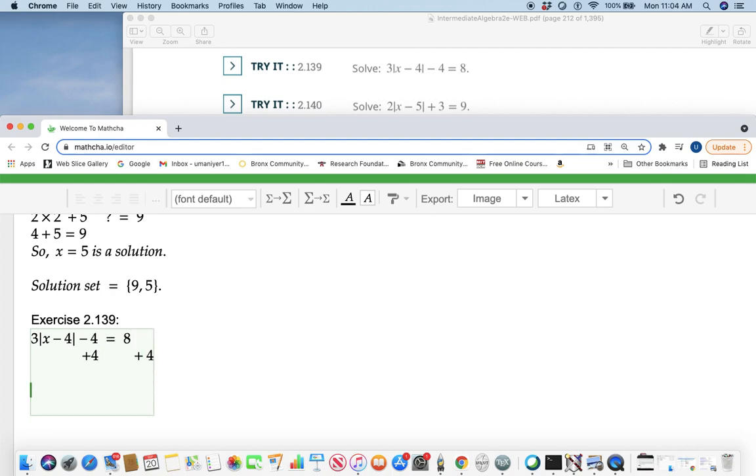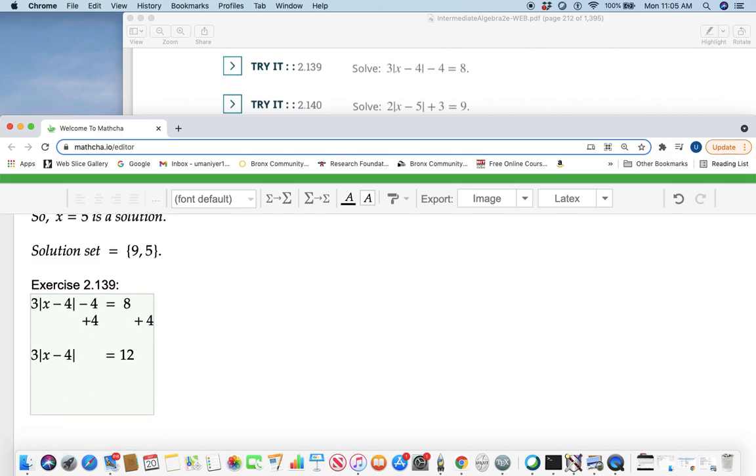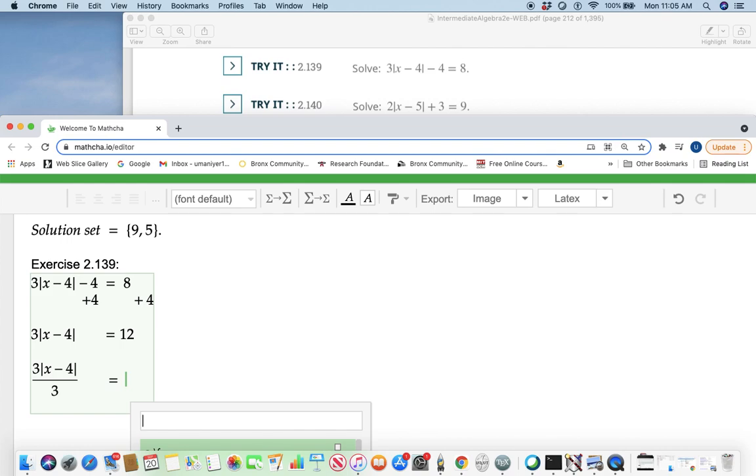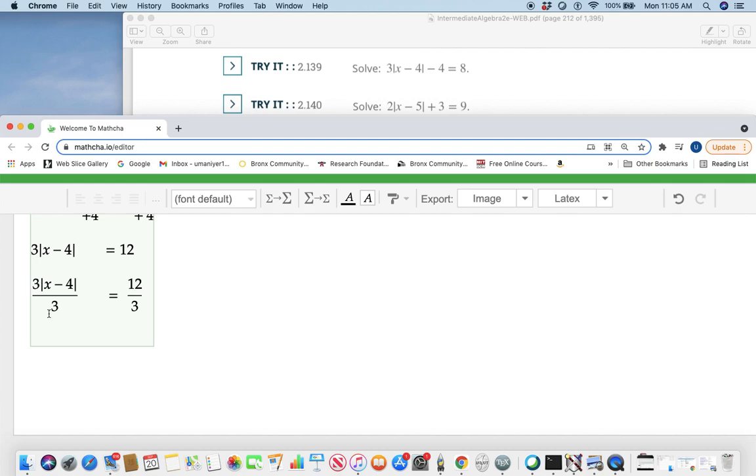Negative 4 cancels positive 4. 3 times absolute value x minus 4 equals 12. Divide both sides by 3, that's multiplying my expression. 3 reduces the 3, you have absolute value x minus 4 equals 4.